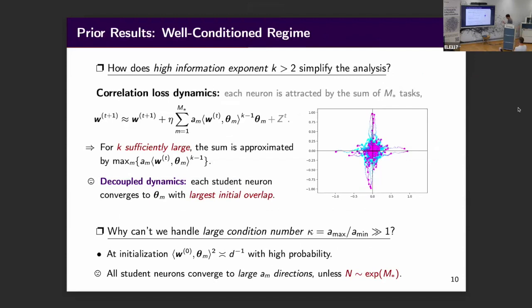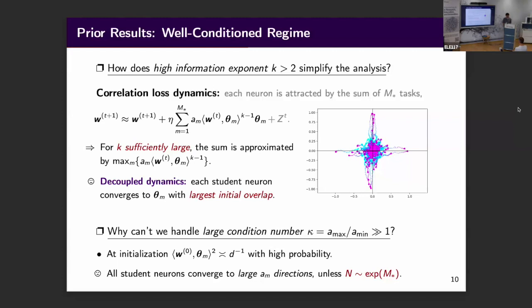Yeah, I definitely agree. For the analysis, it makes life a lot easier because now the different components decouple. Each of the neurons will converge to the closest teacher neuron. That's the trade-off essentially, to enable simpler analysis. But you agree that it would be nice to have something more generic looking.